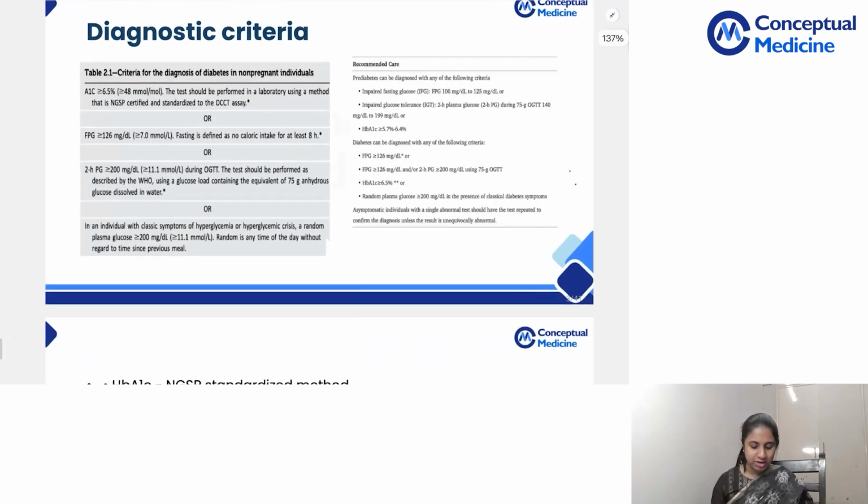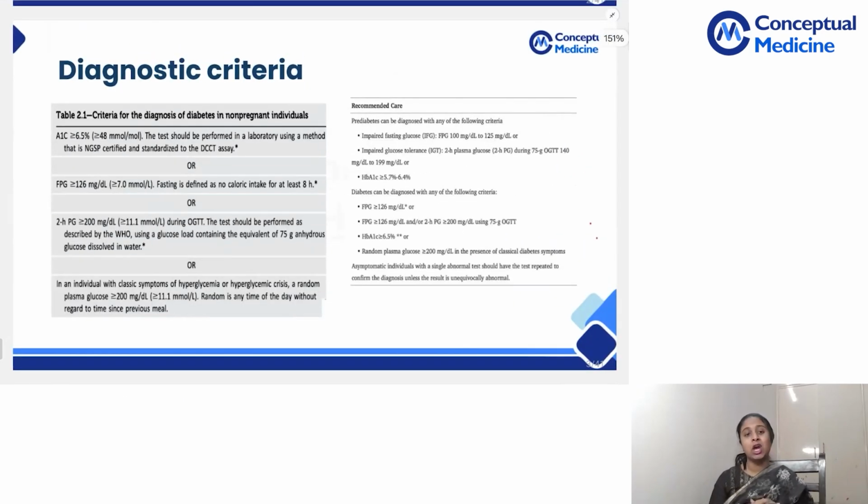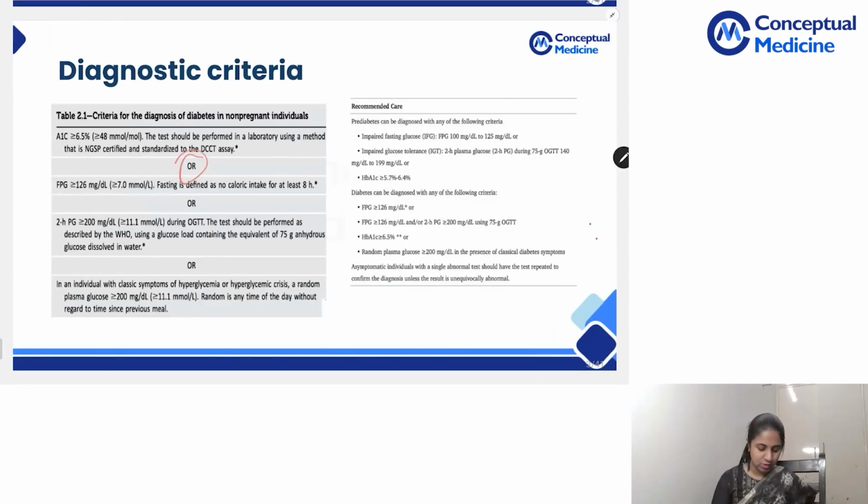This is the diagnostic criteria according to the recent ADA guidelines. To diagnose diabetes in a non-pregnant individual, you should have, or. Just look into this or. The patient should have symptoms of diabetes mellitus with an A1C, HbA1c, glycated hemoglobin level of more than or equal to 6.5 percent.